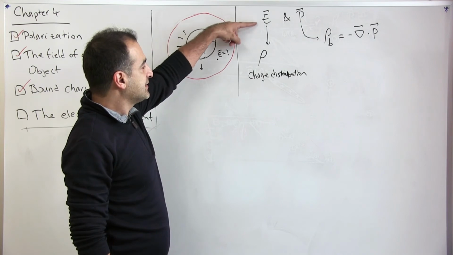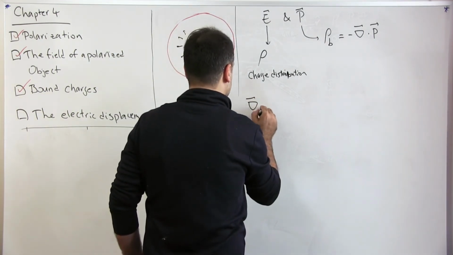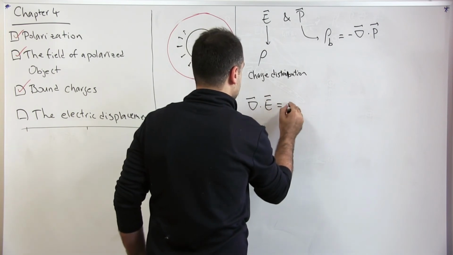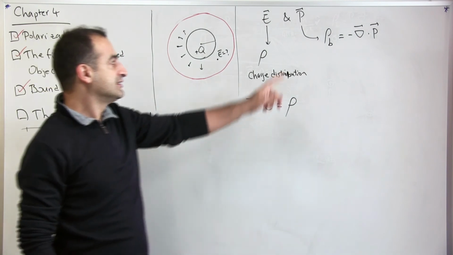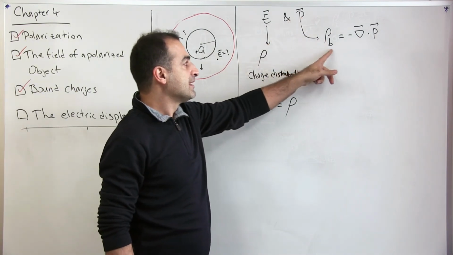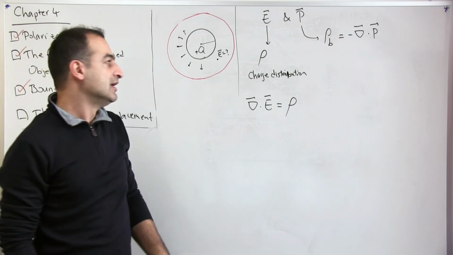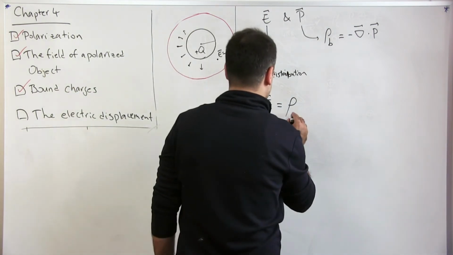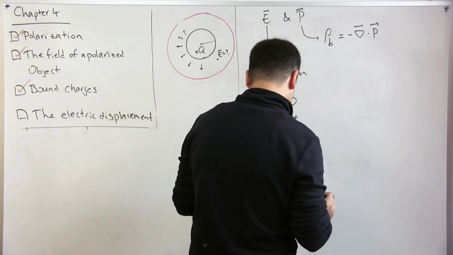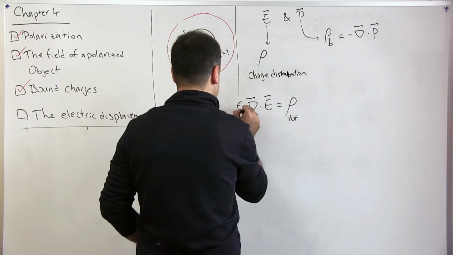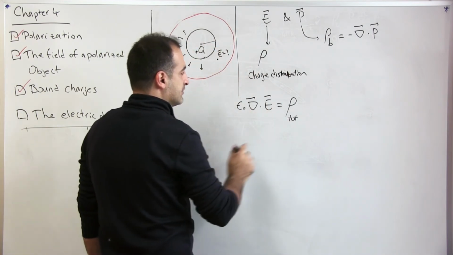The relationship between the electric field and rho is through Gauss's law. So the divergence of E is rho. And if we have polarization, we have some charge density created by the polarization as well. I define this as the total charge here. By the way, I need epsilon 0 here as well. The divergence of E times epsilon 0 is rho total.